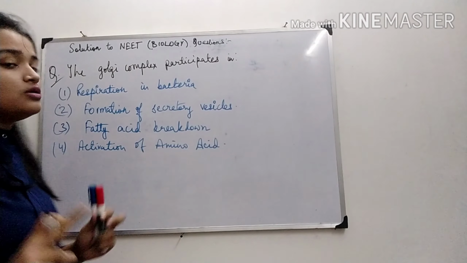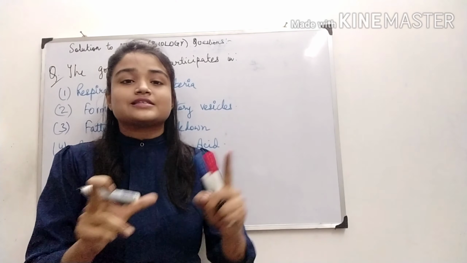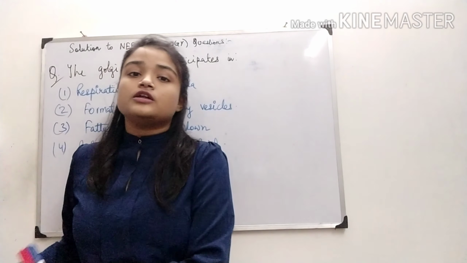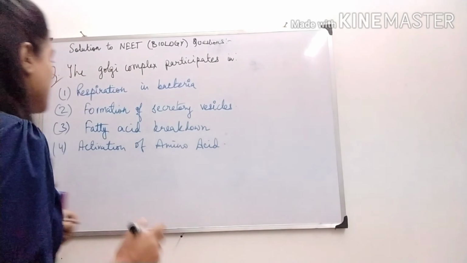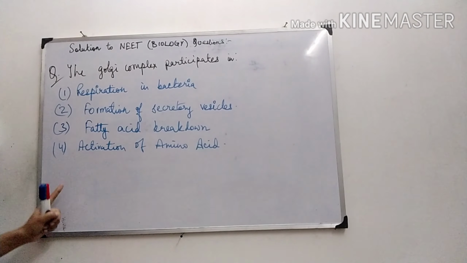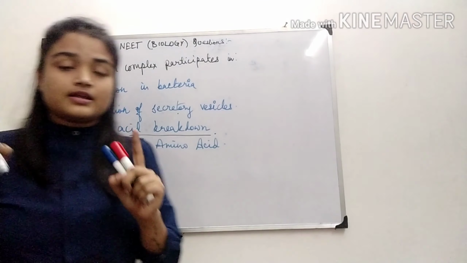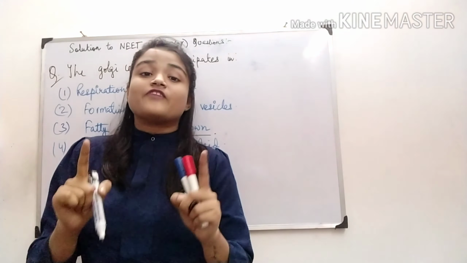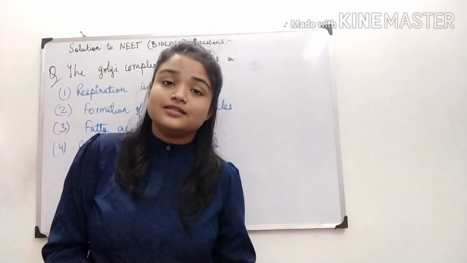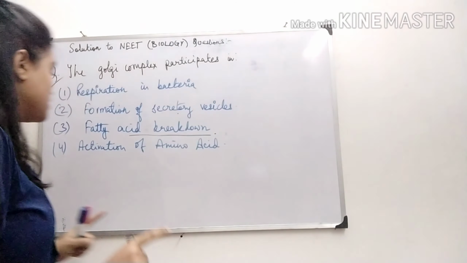Respiration in bacteria, no, because respiration takes place in the cytoplasm and goes on into the mitochondria. Formation of secretory vesicle, I'm coming to that. Fatty acid breakdown, as I have already said, occurs in the mitochondria.